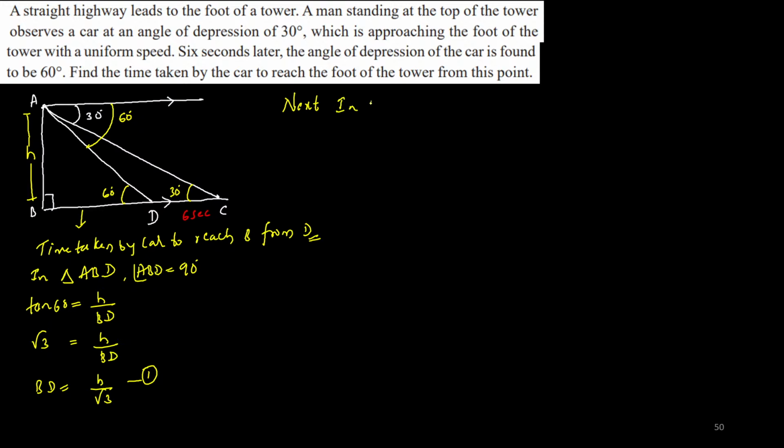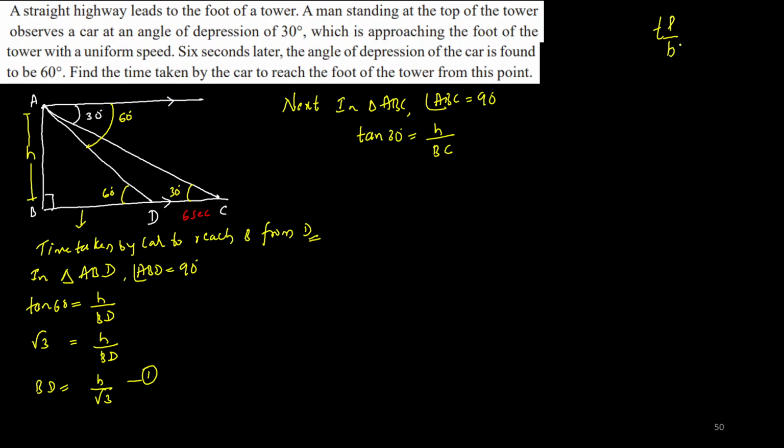Next, in triangle ABC, angle ABC is equal to 90 degree. So I can write tan of 30 degree is equal to h divided by BC, because tan is perpendicular by base.